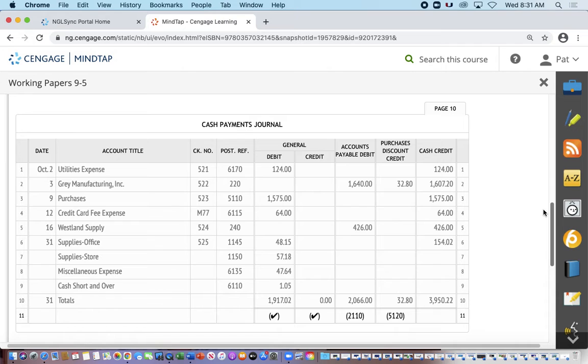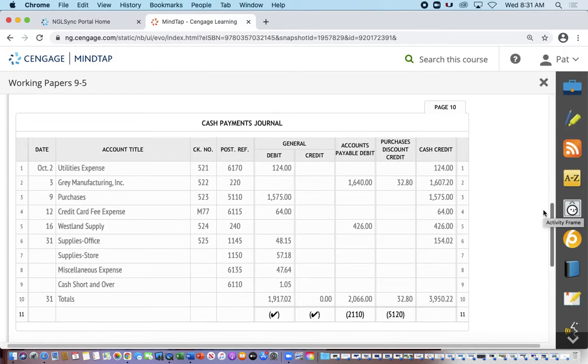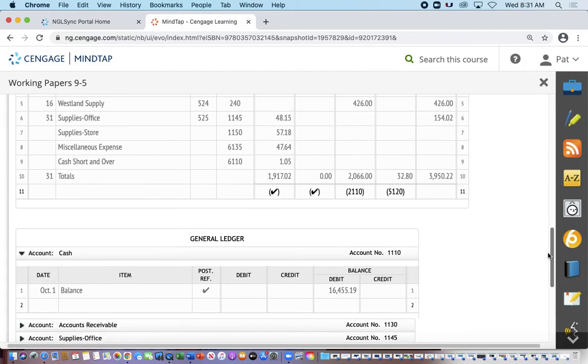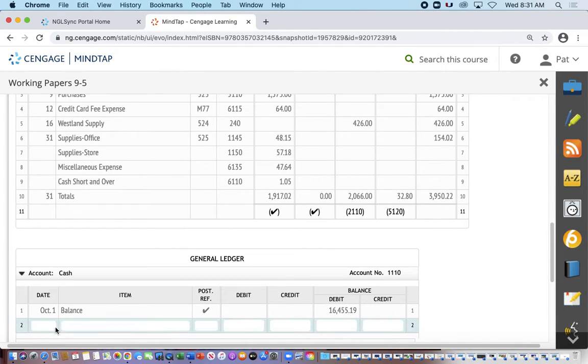So we're almost done. Now you got to go to cash. You might be able to see this. Yes, love it. Okay, 31st, CP10. We have a cash payment, so it's a credit for $3,950.22. We subtract the debit amount. We had $16,000.